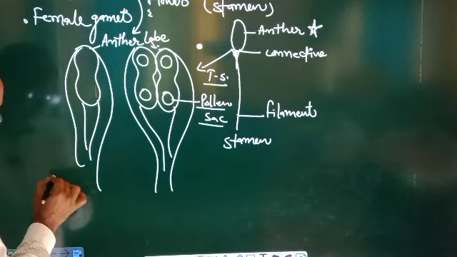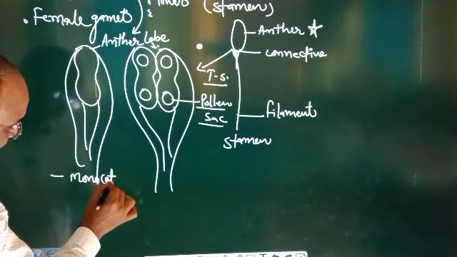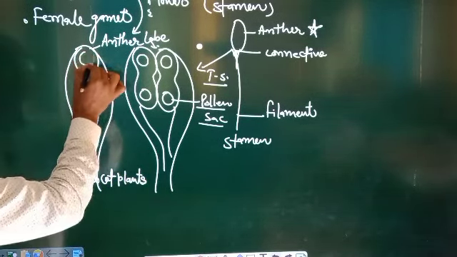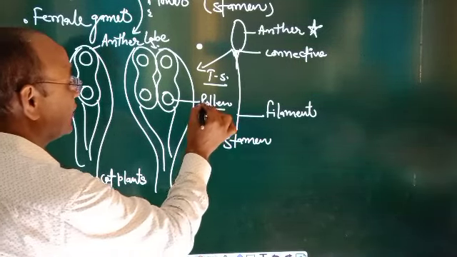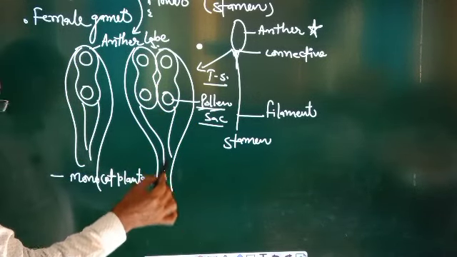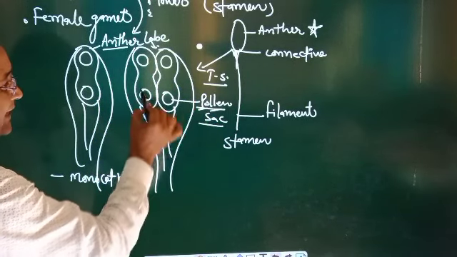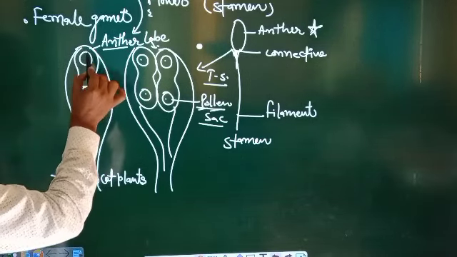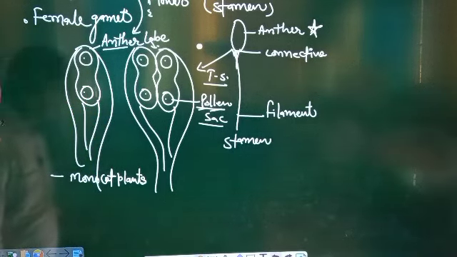But in monothecous, which is found in monocot plant, only one anther lobe and two pollen sacs are present. So in dithecous anther, two anther lobes and four pollen sacs are present, 1, 2, 3, 4. But in monothecous, only a single anther lobe and two pollen sacs are present.